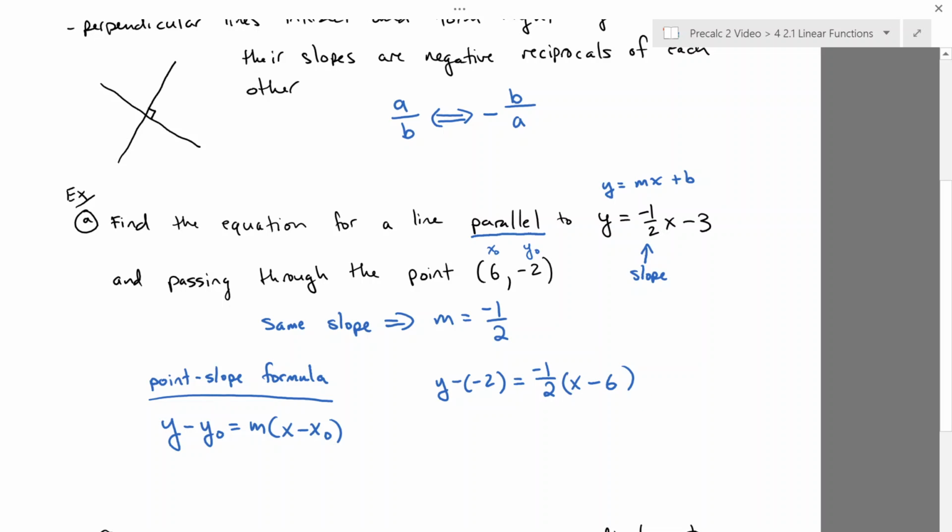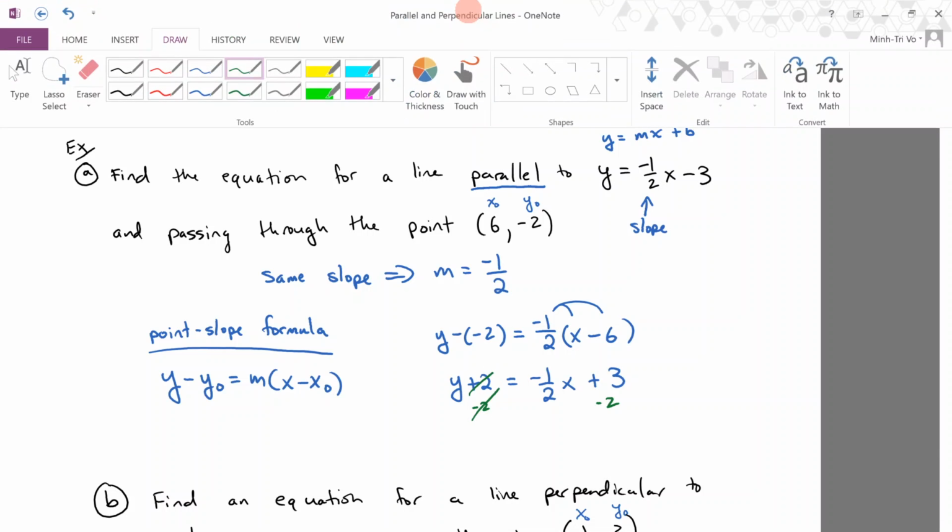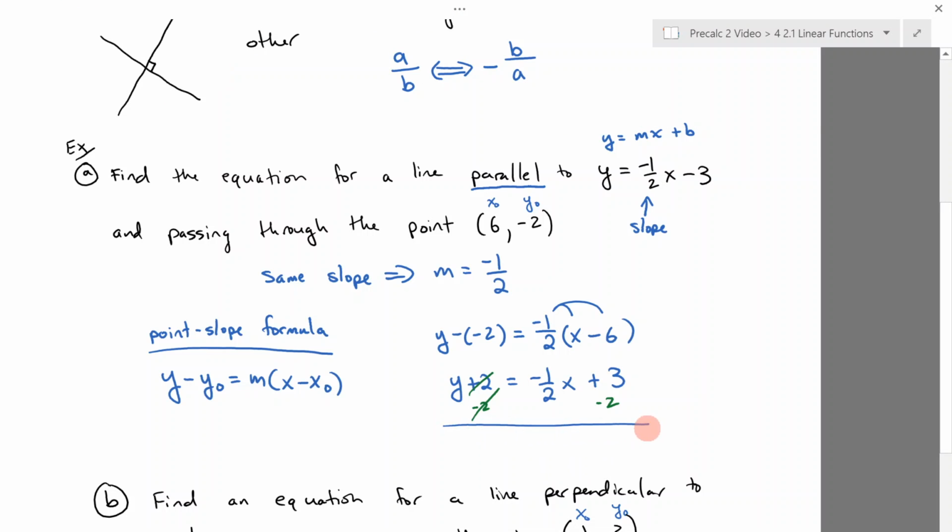Now let's simplify this. Minus -2 becomes a +2 here, and then we distribute the -1/2, so it's -1/2 x. -1/2 times -6 becomes a +3, and then I subtract 2 from both sides to cancel this out, and what do I get left over? y is equal to -1/2 x plus 1.